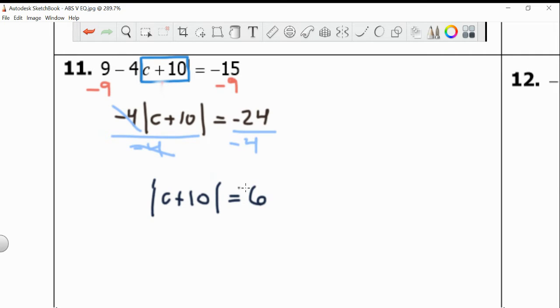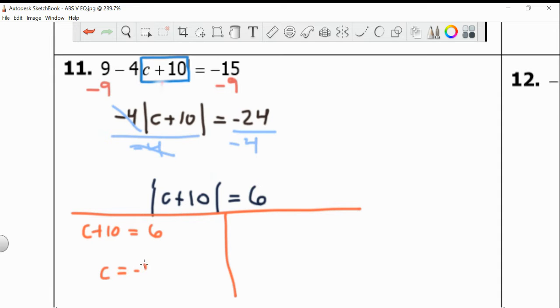We should get 2 legit answers, okay? Because we have absolute value equals a positive. So, now it's time to split it up. And again, moving very quickly because this is literally Algebra 1. c plus 10 equals 6, c plus 10 equals -6. c equals -4. c equals -16.